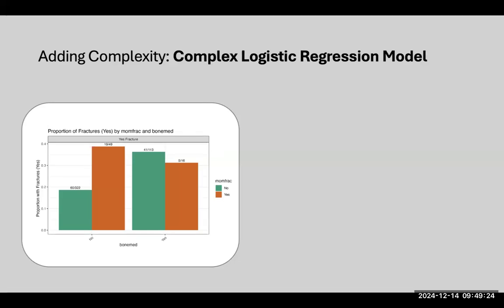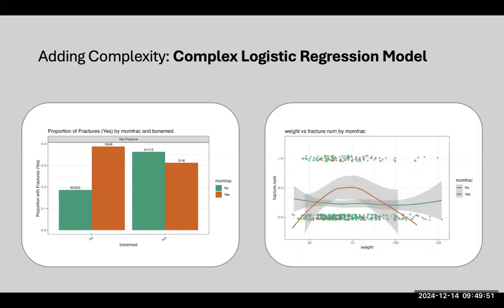So the categories of MOM-FRAC, no in green and yes in orange, the proportions of fracture differ between these depending on what category of bone medications you're in, either you don't take bone medication or you do. And so this suggests that I could potentially add an interaction term to improve the model.